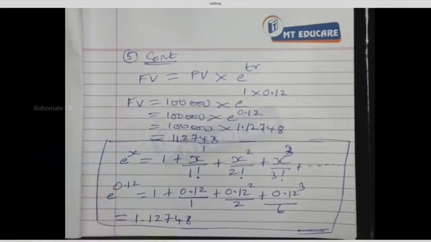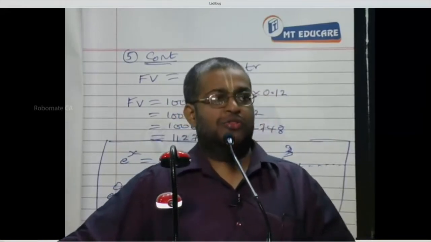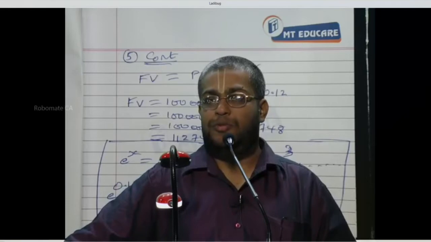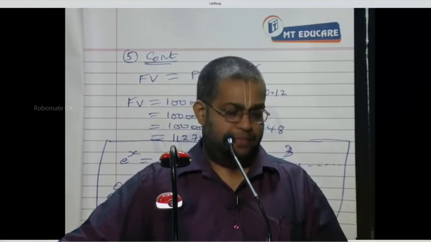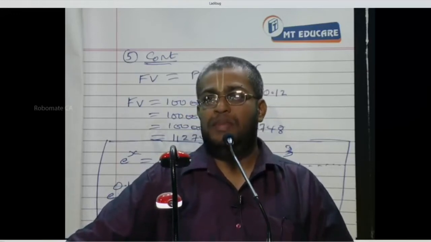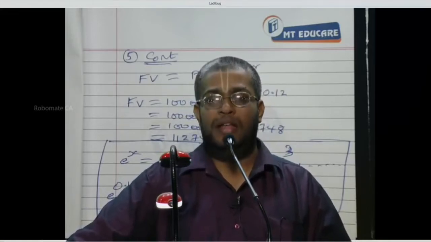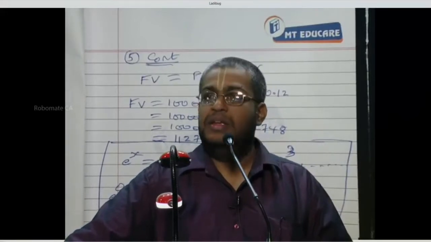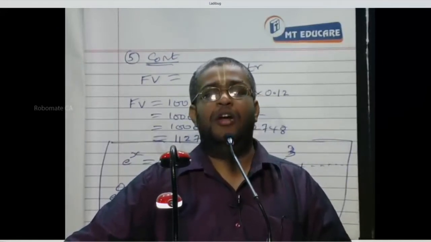Find maturity value using continuous compounding if Mr. X deposits the above money for A, 3 years, and B, 3 months.